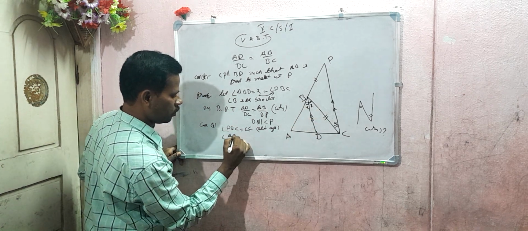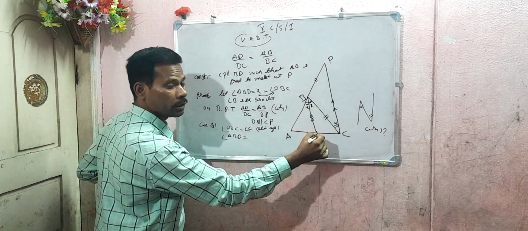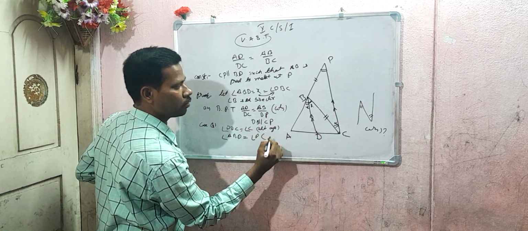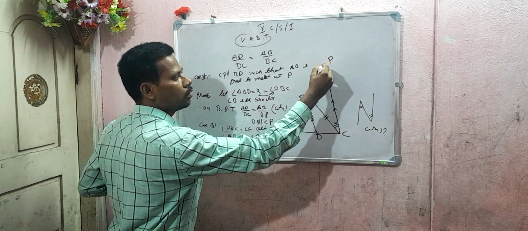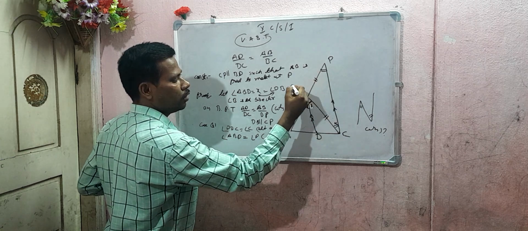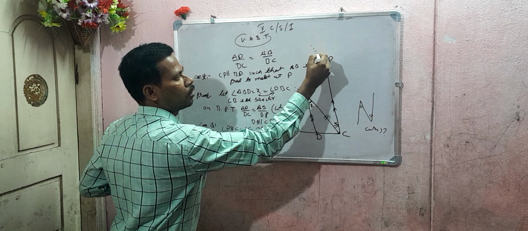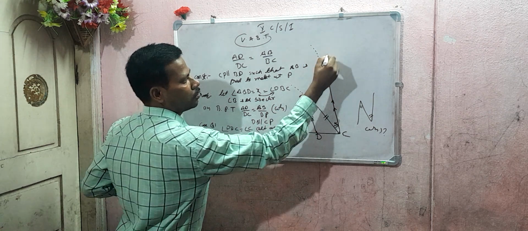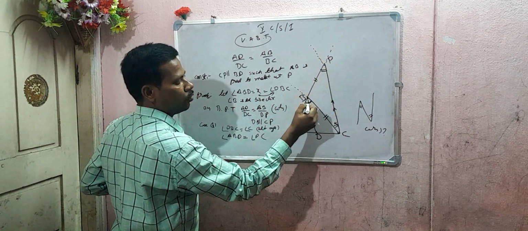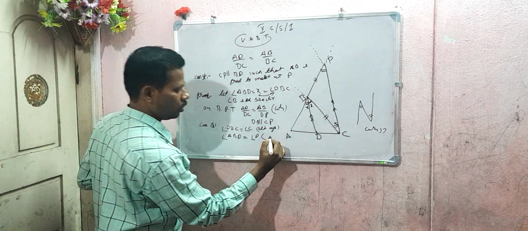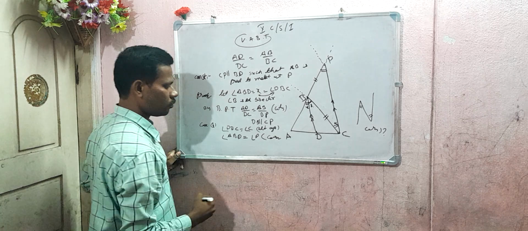Next, angle ABD is equal to angle P. Why? Because you see here, one angle is lying exterior, one angle is lying interior. They are lying on the same side, so they are corresponding angles.